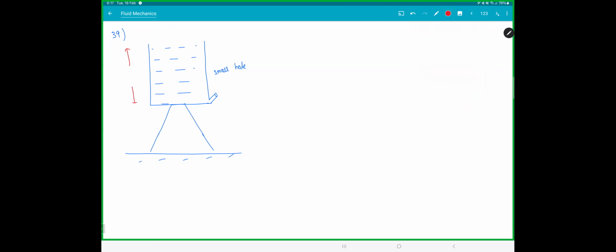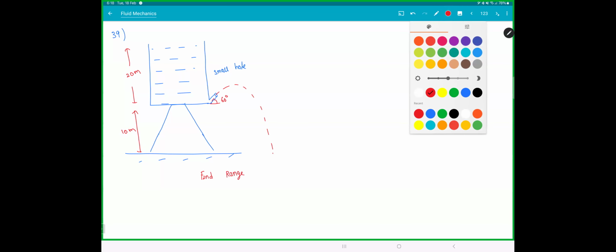Make it 20 meters. Make it 10 meters. Small hole. Find range. This angle is 60 degrees. So the speed root 2gh actually doesn't depend on how you keep that hole, so it won't matter.